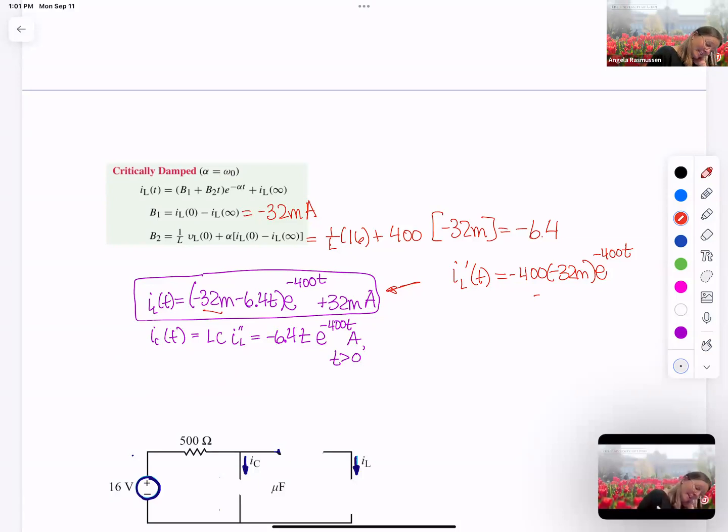Oh my, I can't talk very well today. So minus 6.4 milli t, and then I bring down the minus 400. And then I differentiate the first part, which will be 6.4. And then the 32 milli goes to 0. And then I differentiate this again.